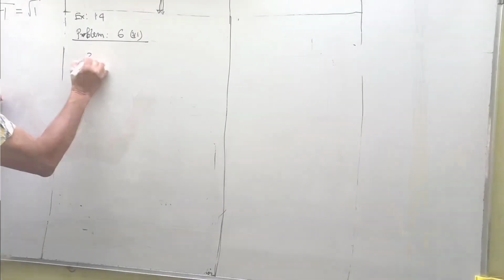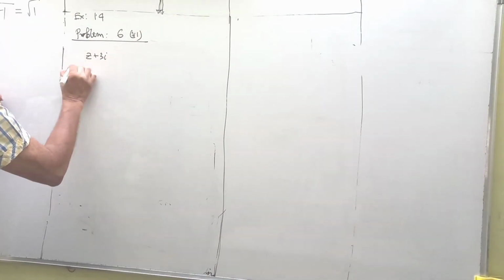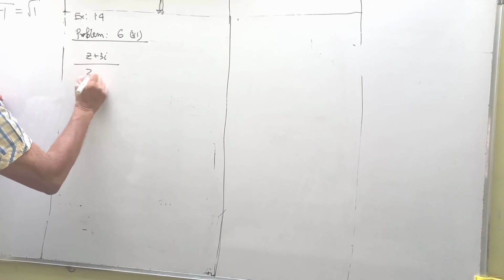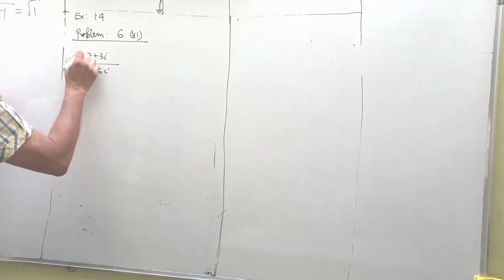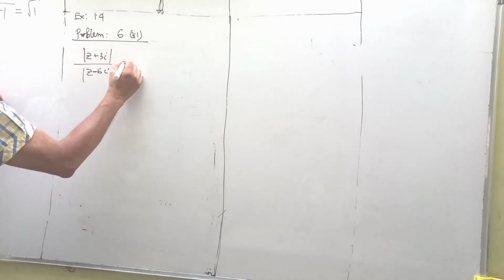Again we have to find the relation: modulus of (z plus 3i) over (z minus 6i) equal to 1.